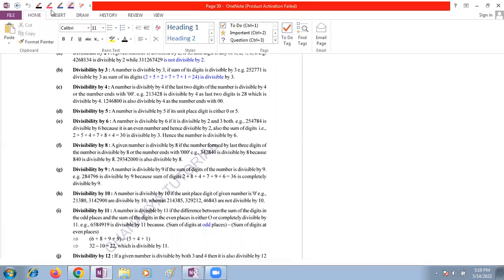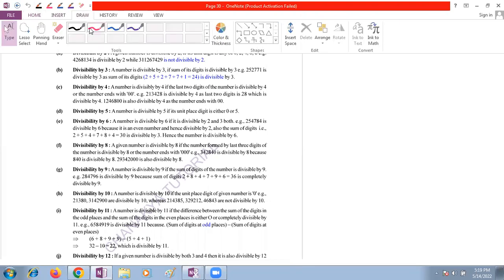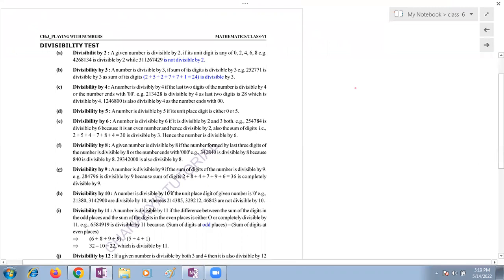Advika, can you read the divisibility rule of 2? A given number is divisible by 2 if the unit digit is any of 0, 2, 4, 6, 8.